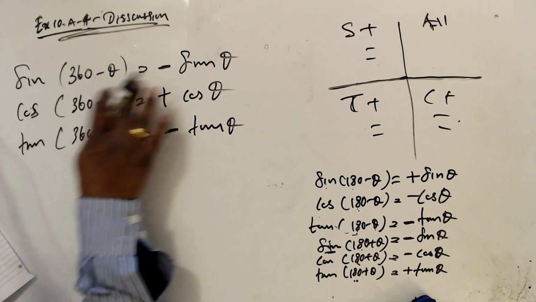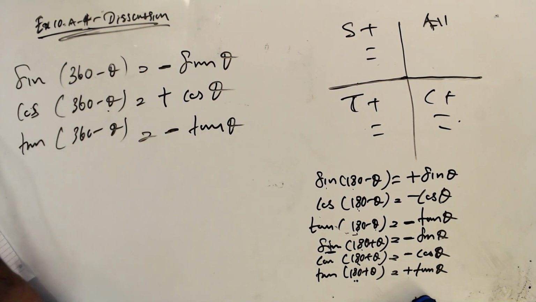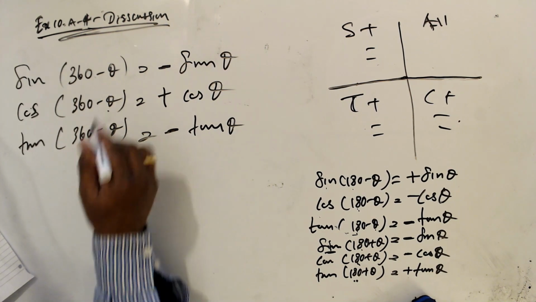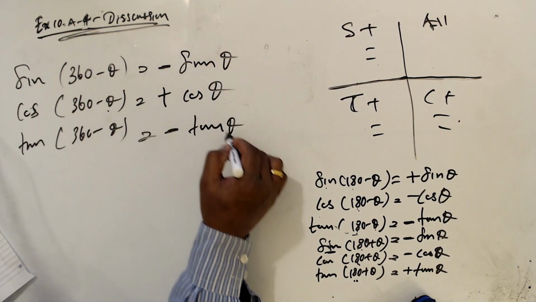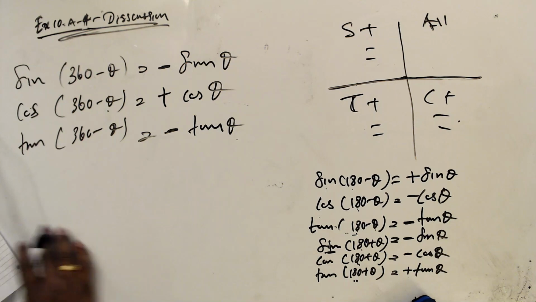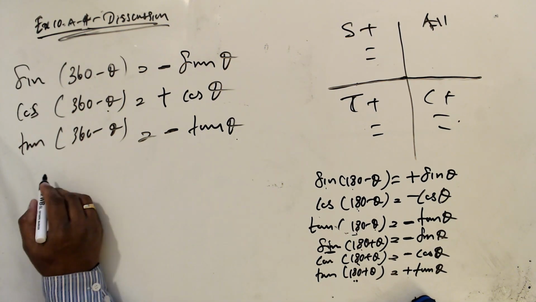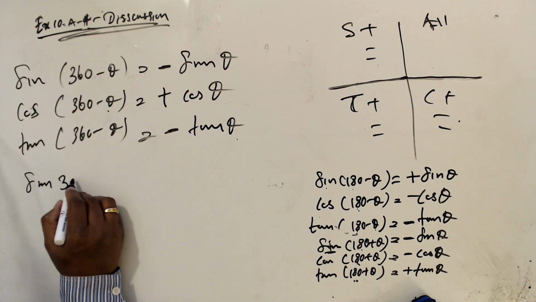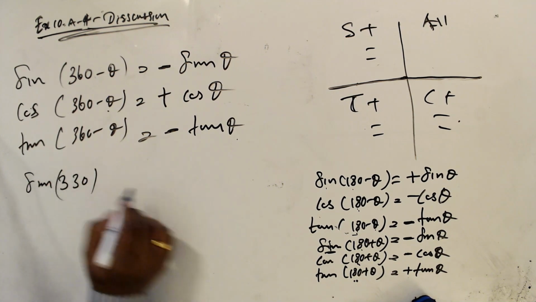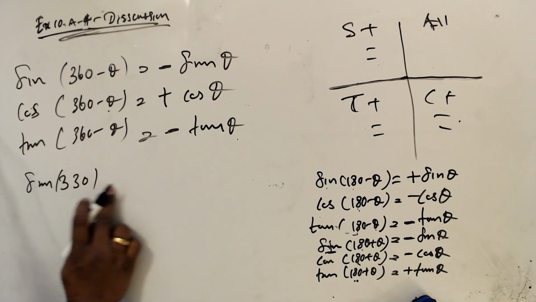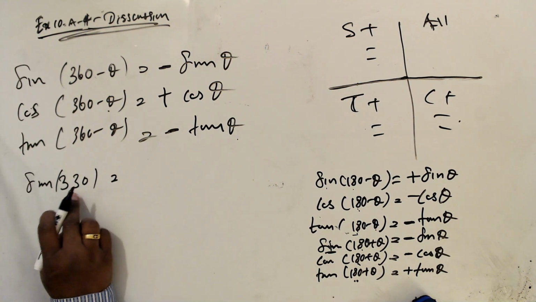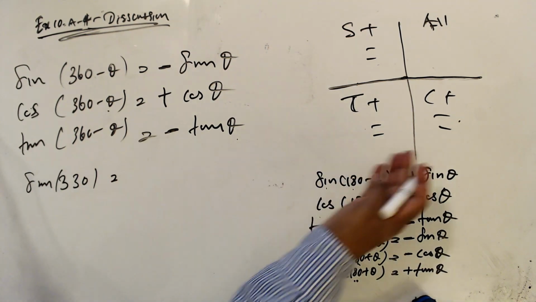Then write the same ratio, drop this 180 or 360 and just write the acute angle. For example, I want to find sine 330. That's a big number, right? First of all, I look at 330. Where does the 330 line lie? 330 lies in the fourth quadrant.